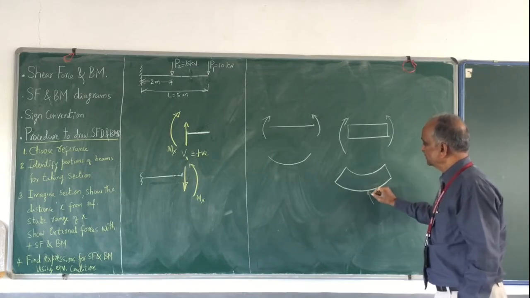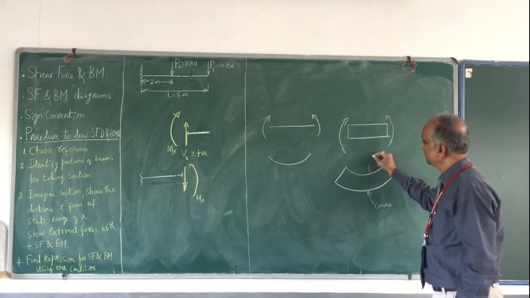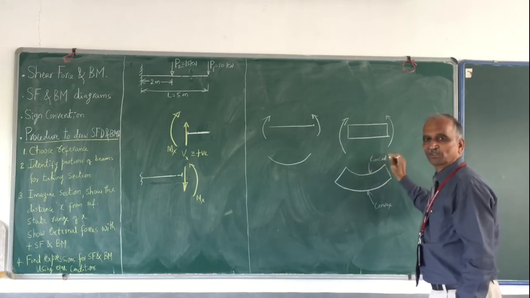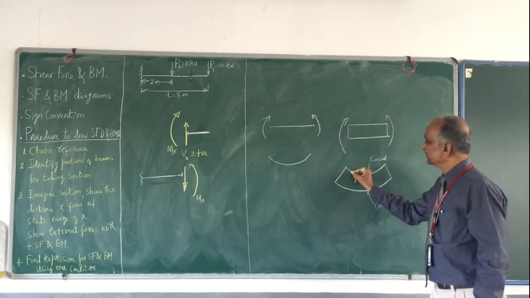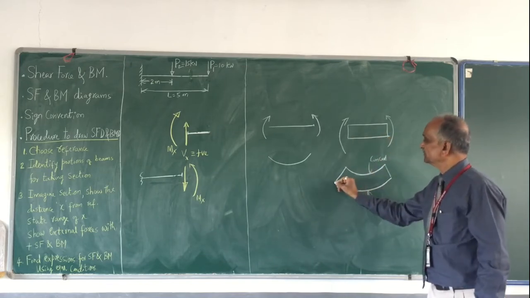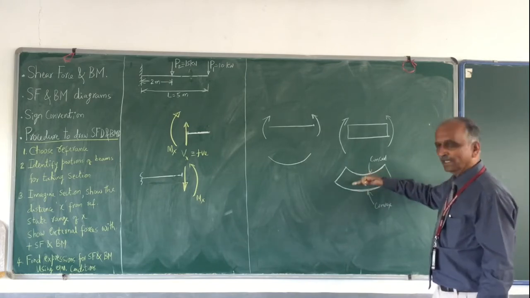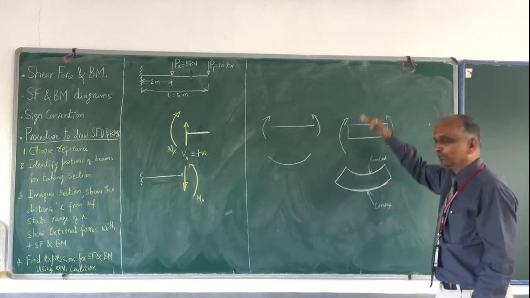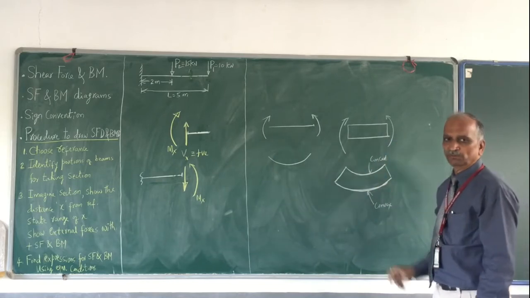This is what is called convex shape, and this is concave. In other words, this length has decreased and this length has increased. So in the bottom portion I have tensile stresses, and in the top portion I have compressive stresses. This is called positive bending moment.